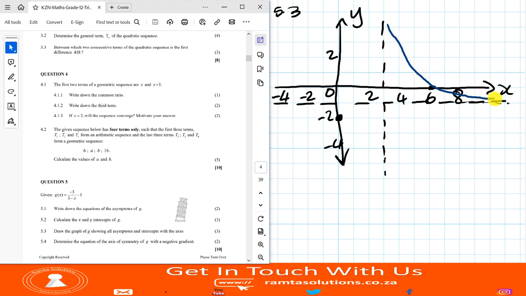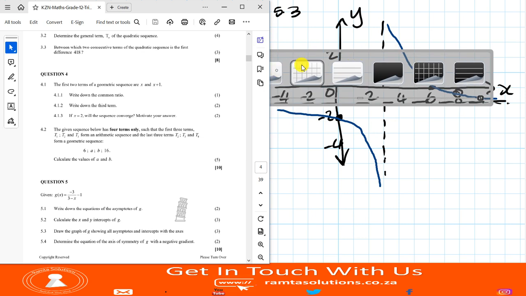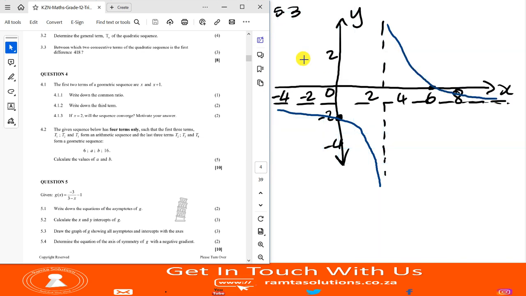Remember, it will never touch this line and this line. Same applies here. I forgot to remove the ground. Okay, perfect. So this is how your graph looks. This is you getting all your marks. So right now you have 8 marks.